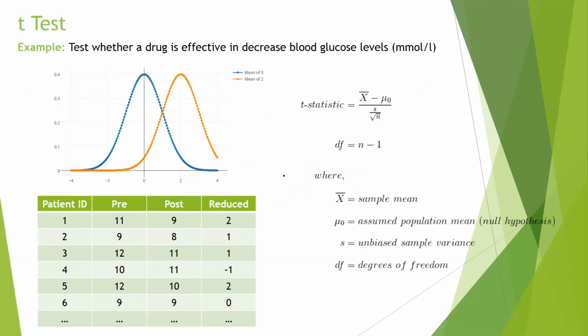So this is an easy example. Here we try to use two t-distributions or normal distributions, T0 or TA, the alternative, to test if there's a difference between the control and the treatment, or the pre and post, right?